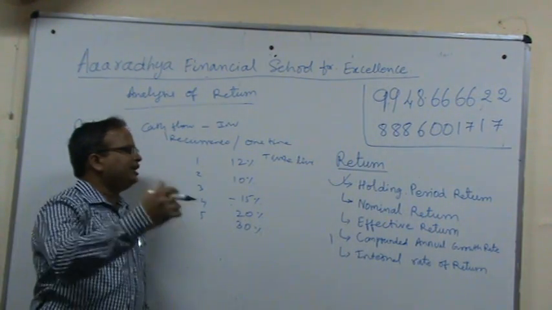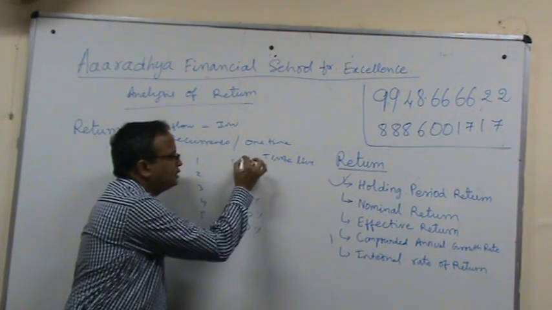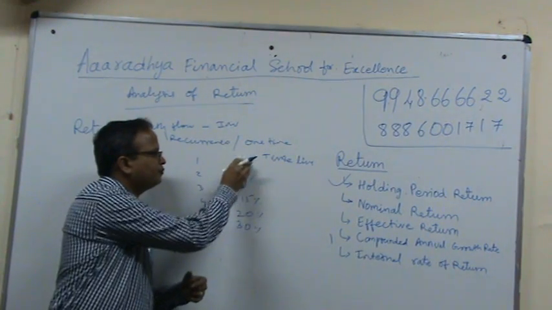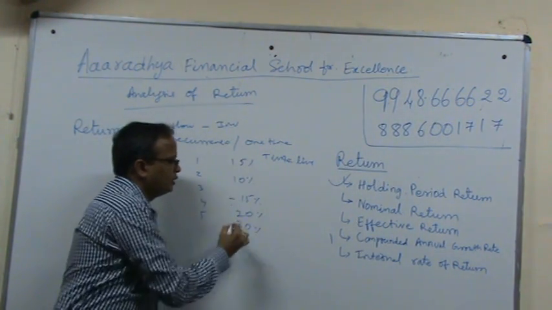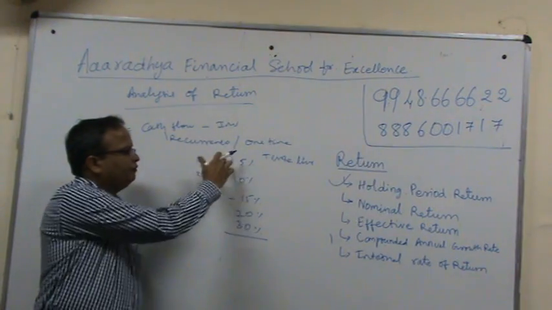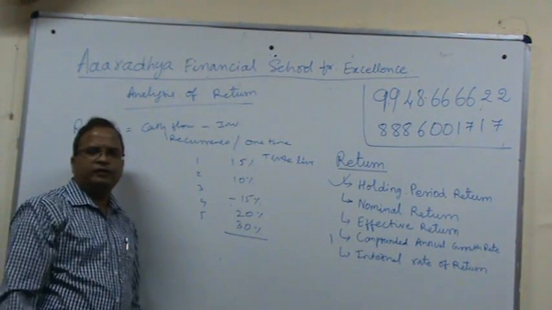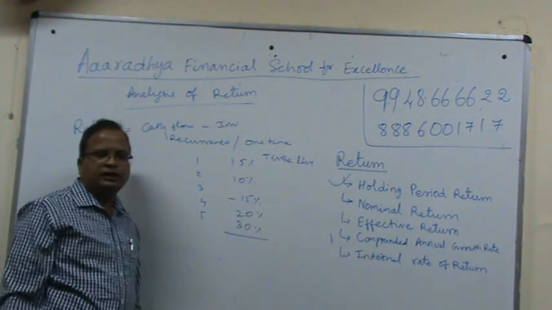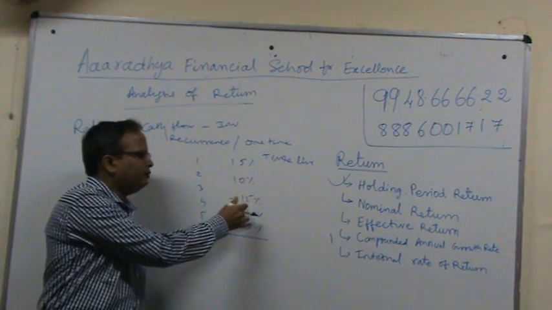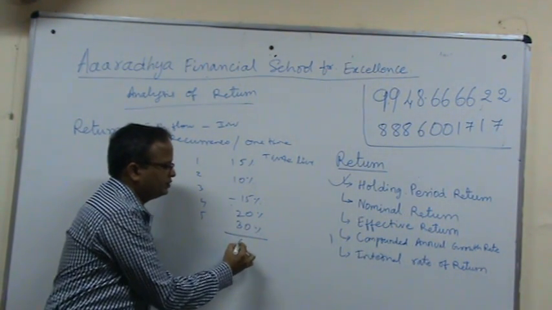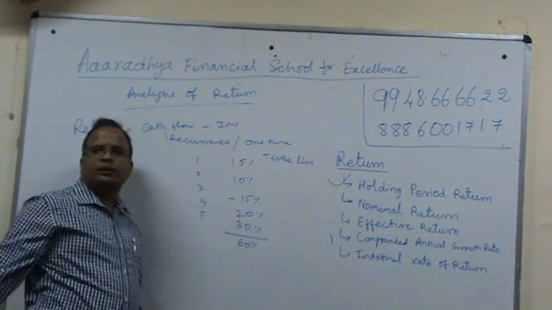Now if we slightly make a calculation, for calculation purposes let's say it is 5 years here. Now slightly if you calculate 15 plus 10, 25, 25 minus 15 is 10. Now 10 plus 20 plus 30 will be 60%. Correct?